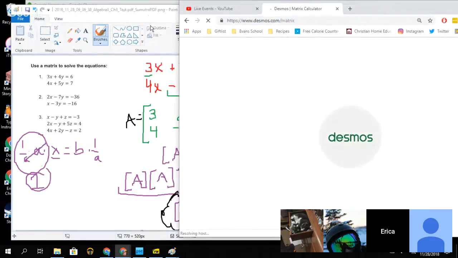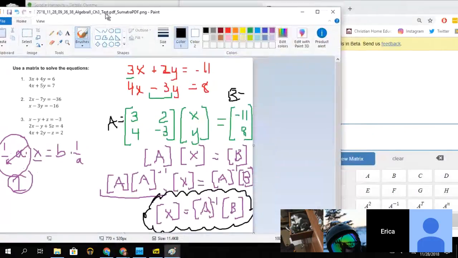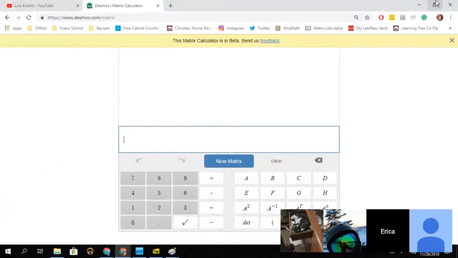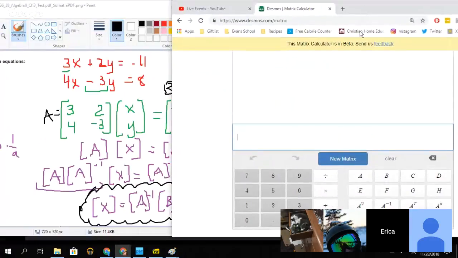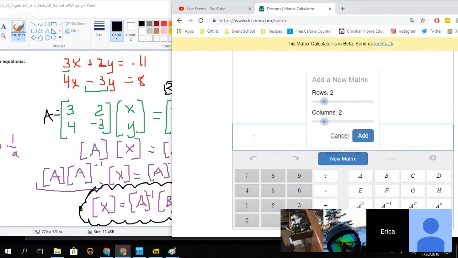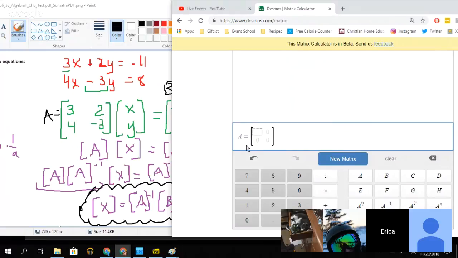But since I can't do that here, I'm going to show you what that means. So in Desmos, or in your TI, you're going to put in the two matrices that you started with, the original ones, A and B. So we're going to make a new matrix. A is a 2 by 2 matrix, so it's 3, 2, 4, and -3.